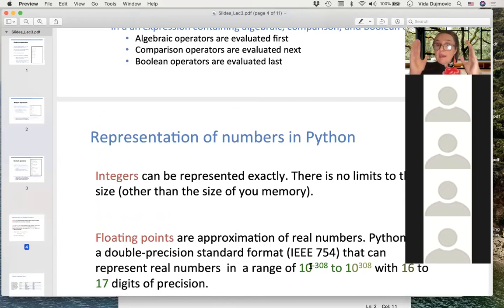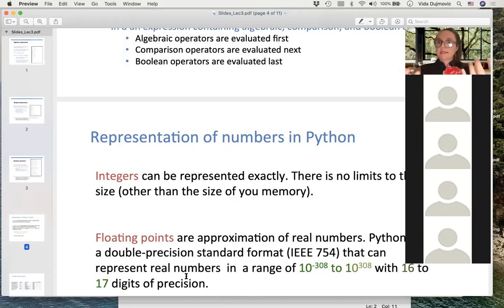The range is from 10 to the minus 308 to 10 to the 308. But the exact number of digits is 16 to 17. I believe this depends on whether your number is negative or positive, because a minus sign is going to take one digit of precision.